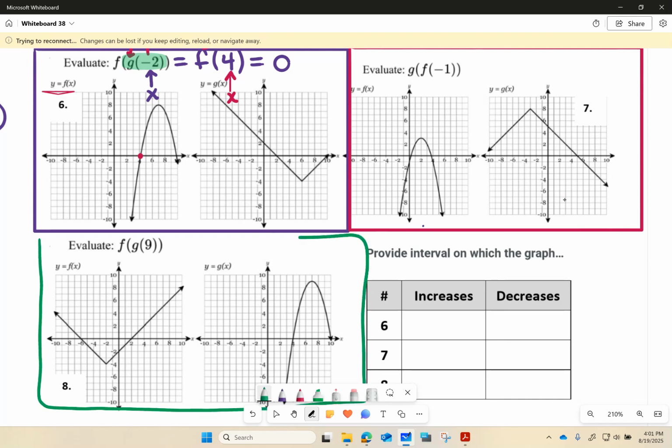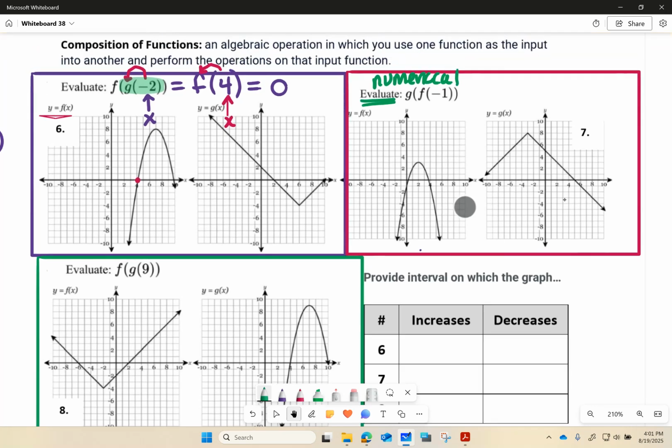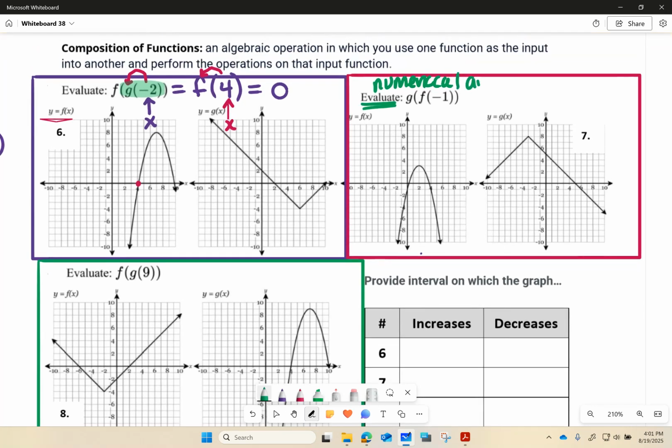Pause the video and come up with the values to those answers. By the way, evaluate means find the value, and that means your answers are always going to be a numerical answer, okay? Numerical answer. All right, so go ahead and do that.